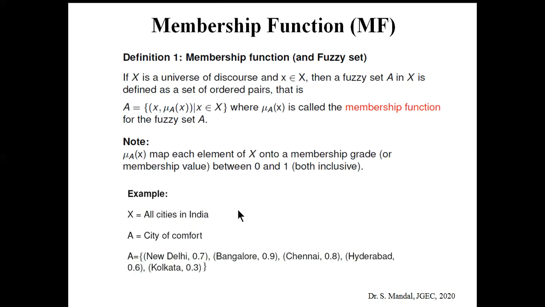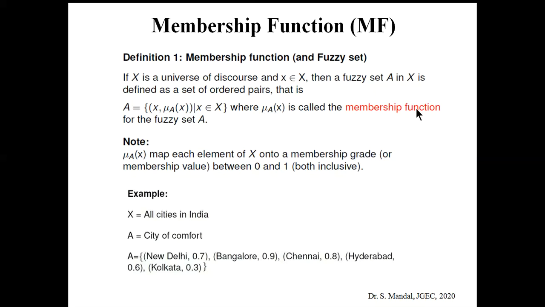Now coming to the technical definition of the membership function. If X is a universe of discourse and small x belongs to X, then a fuzzy set A in capital X is defined as a set of ordered pairs, that is A equal to (x, mu_A(x)) such that x belongs to capital X. Ordered pair means small x denotes the element and mu_A(x) denotes the membership function.